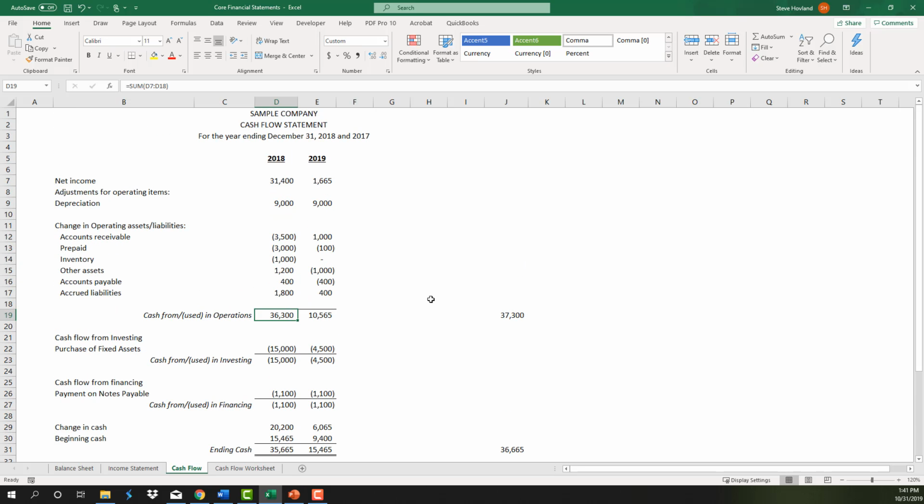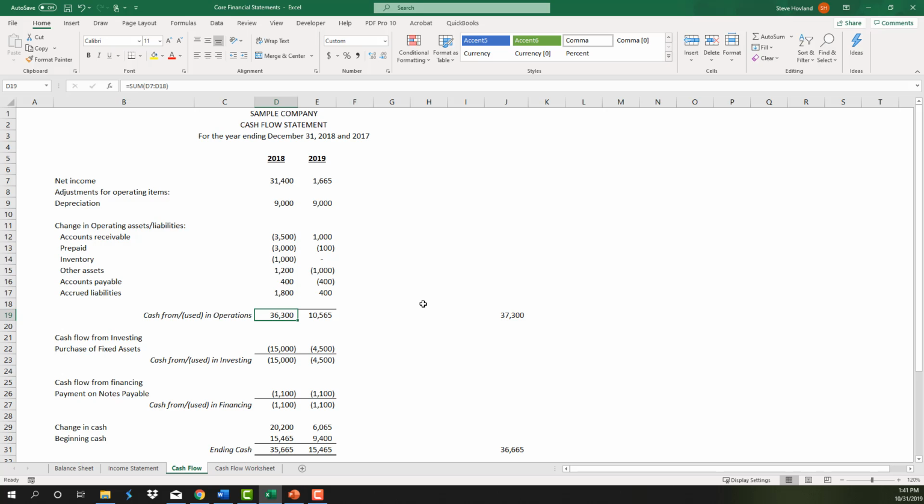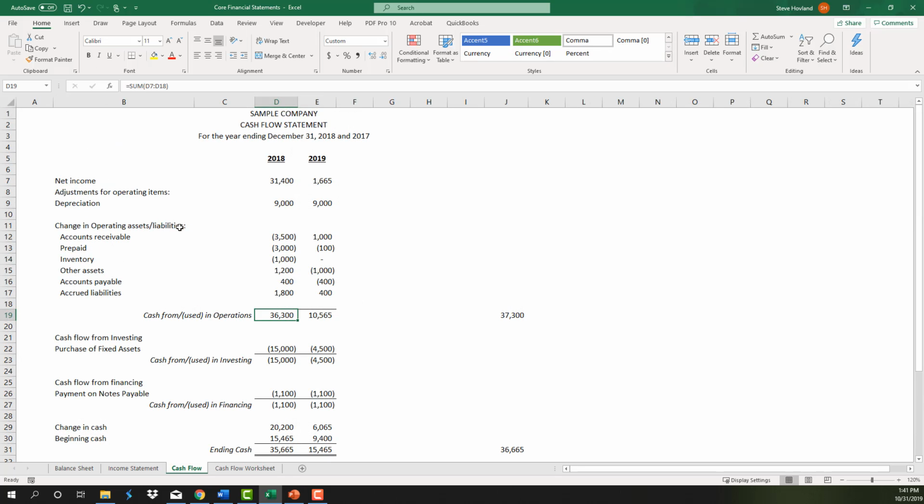Again, this goes back to the comment I made in the previous session that an accountant can make you as profitable as you want to be. Remember, our net income before we started this was $29,900. Now it's $31,400, but our cash flow didn't change. That's the beauty of the cash flow statement. Somebody can book a fictitious revenue, and they're usually going to hit accounts receivable, and net income can go up a ton, but the cash from operations doesn't change.